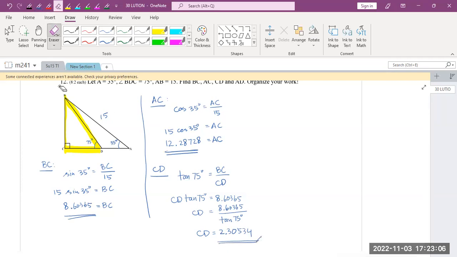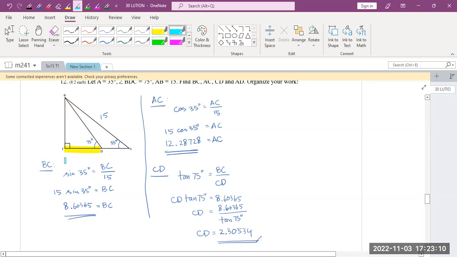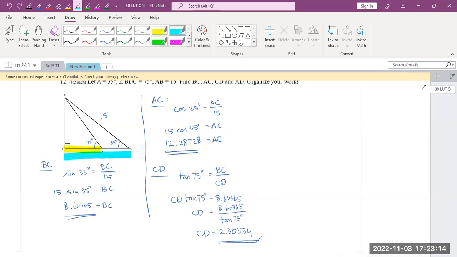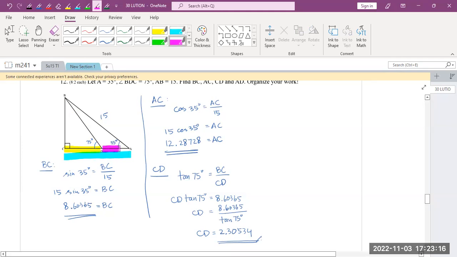Now, last part. Notice that we know the CD. We also know AC, and we use that to find this purple part, AD. The yellow plus purple give you blue.